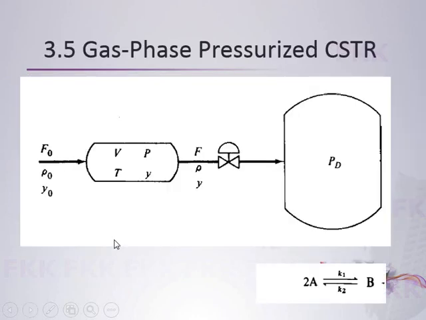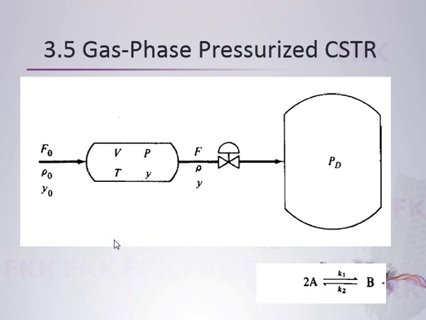Okay, now section 3.5 of your textbook. Suppose a mixture of gas is fed into a reactor, sketched in figure 3.2. So from your textbook, this is figure 3.2. The reactor is filled with reacting gas which is perfectly mixed.